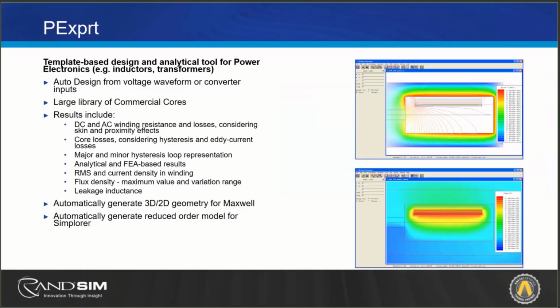And just like you would expect to see in Maxwell for looking at things like core loss, flux density, eddy current effects, you'll also be able to see those kind of measurements done using this analytical tool.